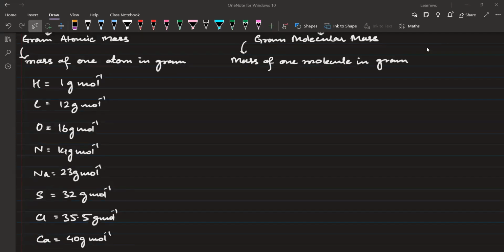Now let us suppose you have to calculate the molecular mass. Molecules such as you have H2. What will be the mass of H2? So we have two hydrogen. What is the mass of hydrogen? 1. So 2 grams per mole.